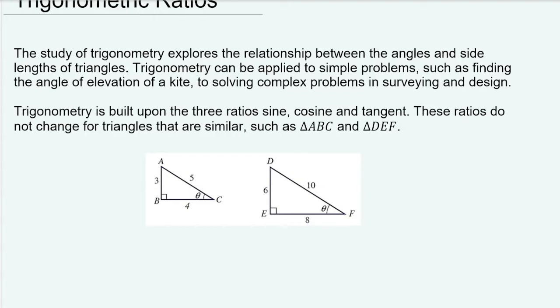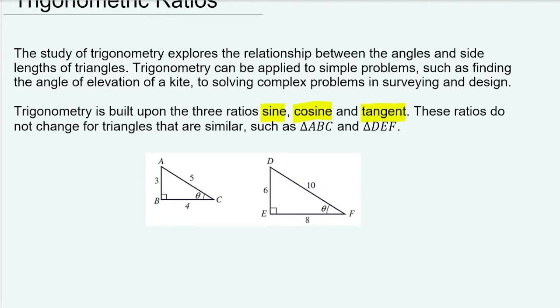Now the thing about our trig ratios of sine, cosine and tangent, these guys are the same no matter the size of the triangle. They will work the exact same way.